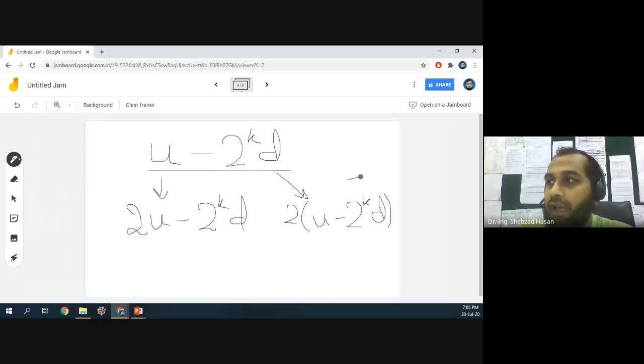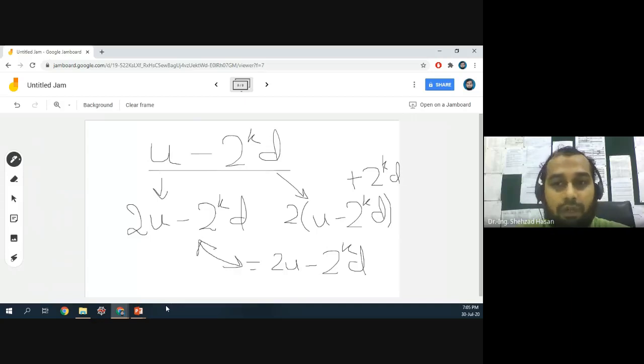So if we add 2kd in the next step, what we are going to get is 2u minus 2kd plus 2kd, which is the same thing that you were obtaining from the restoring division algorithm, right?